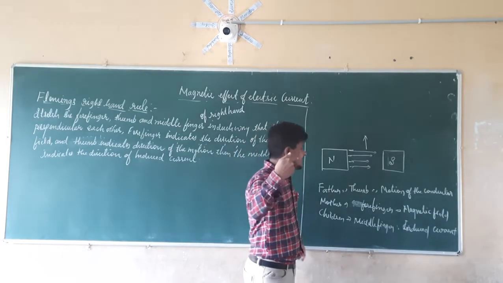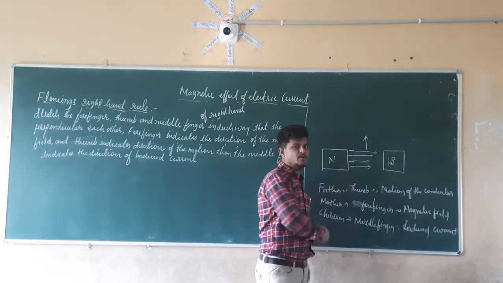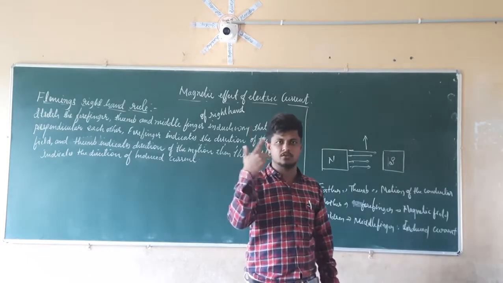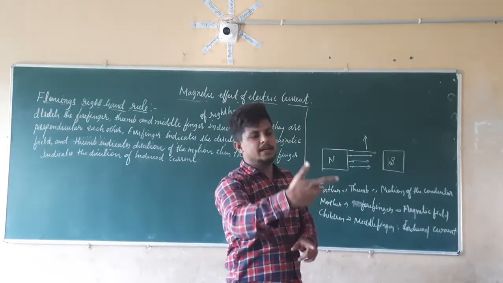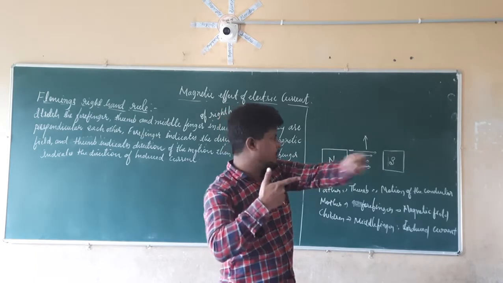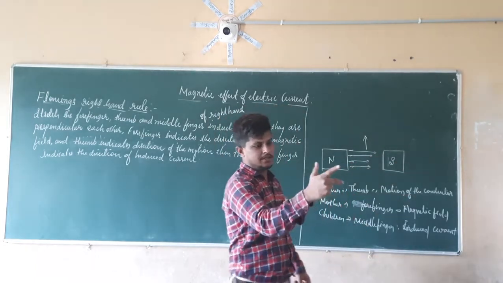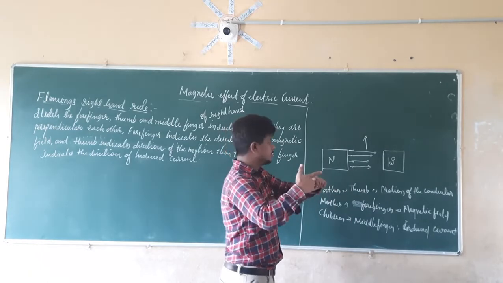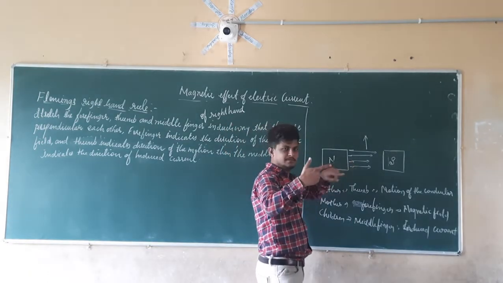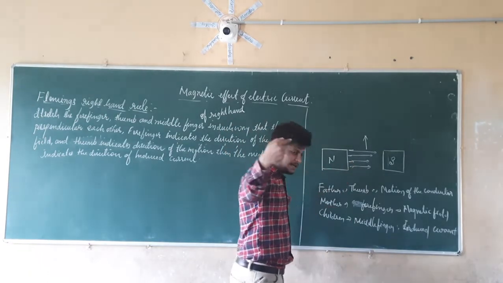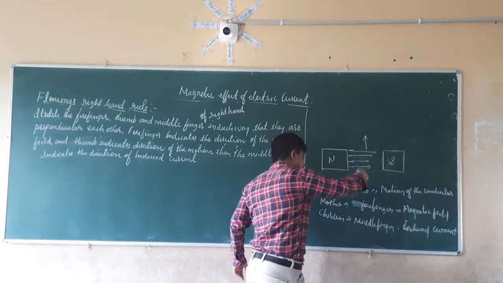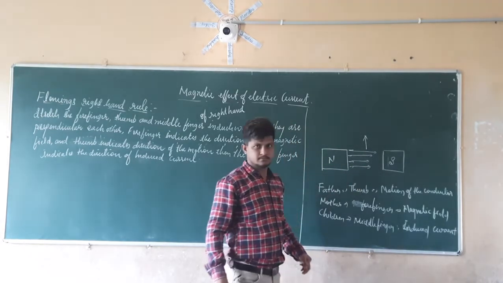Applying Fleming's right hand rule here, the current is induced in the inward direction towards the board. If you see here, the current is inside, so the current is induced inside the board.